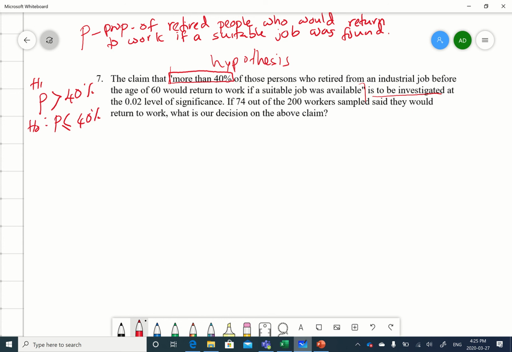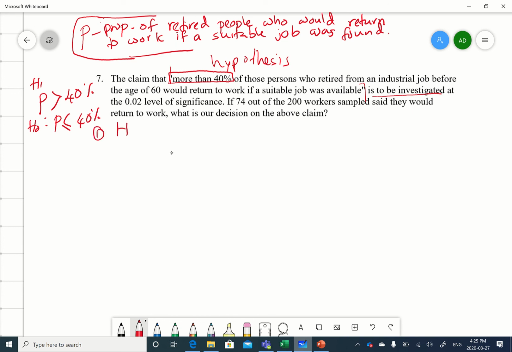This is a lengthier statement when you write it down in words, so you can define the proportion like this: P stands for this.